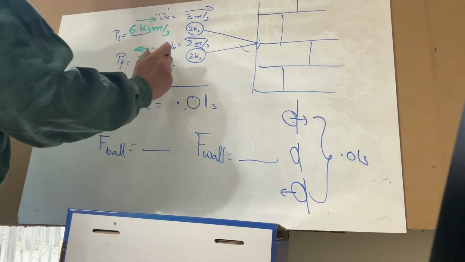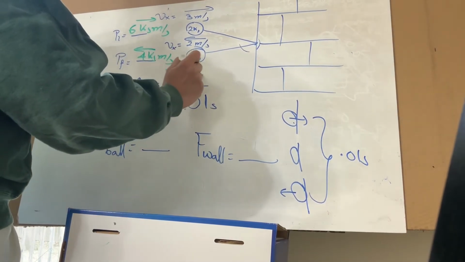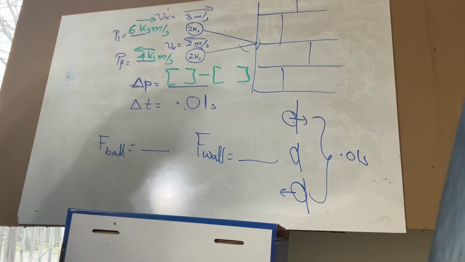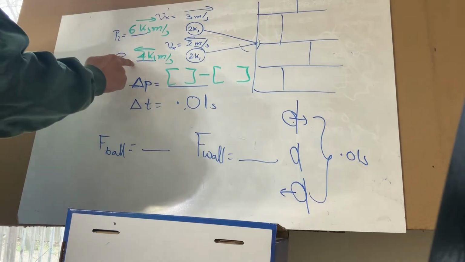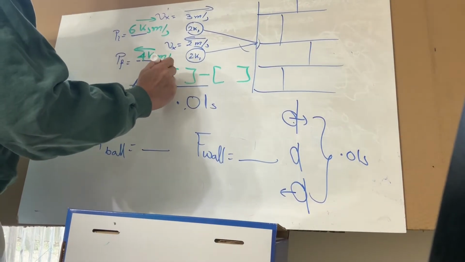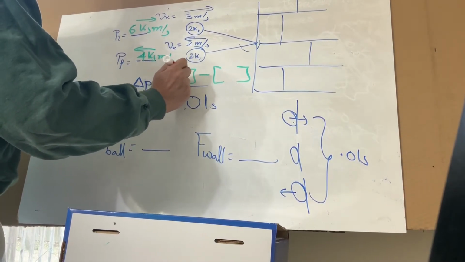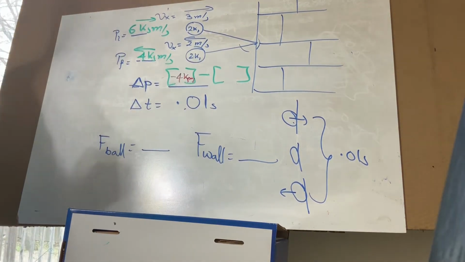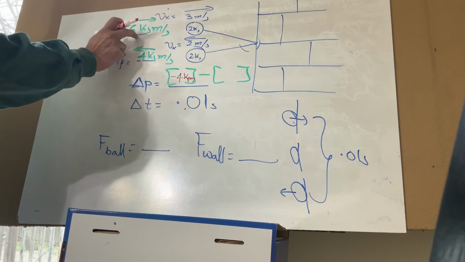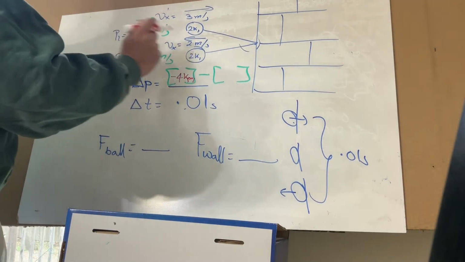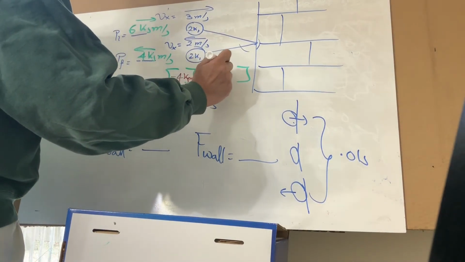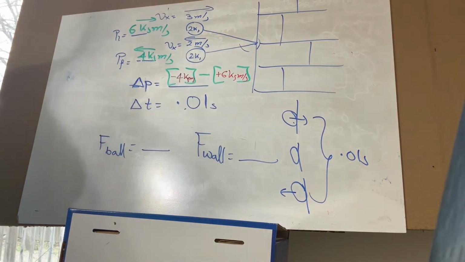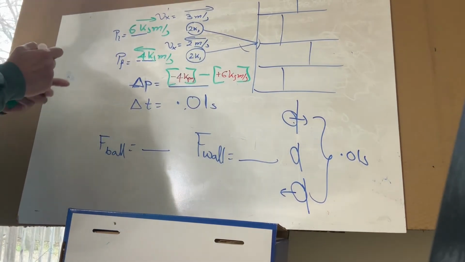Okay, what is the change in momentum? The change is final minus the initial, right? So what is the change in momentum? What is the final momentum? Minus 4 kilogram meters per second. Okay, because it's traveling to the left. What is that? Plus 6 kilogram meters per second. So what is the change in momentum?